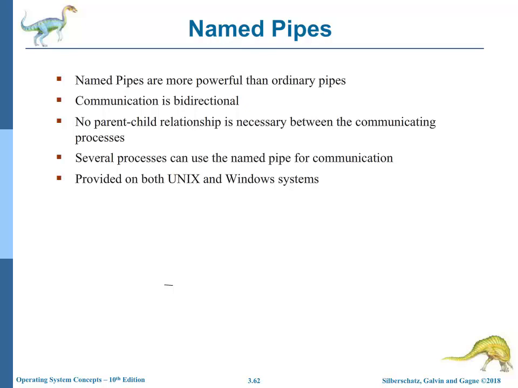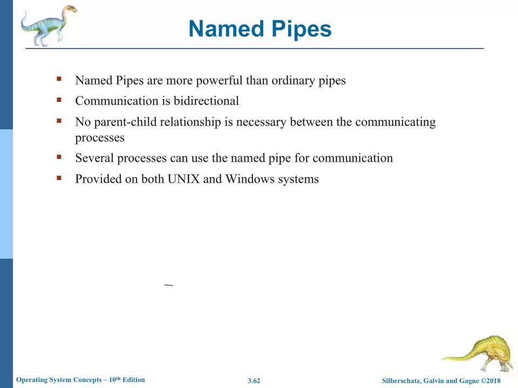In named pipes, communication is bidirectional. No parent-child relationship is necessary between the communicating processes. Several processes can use the named pipe for communication. It's provided on both Unix and Windows systems. Usually, a named pipe appears as a file, and processes attach to it for inter-process communication.